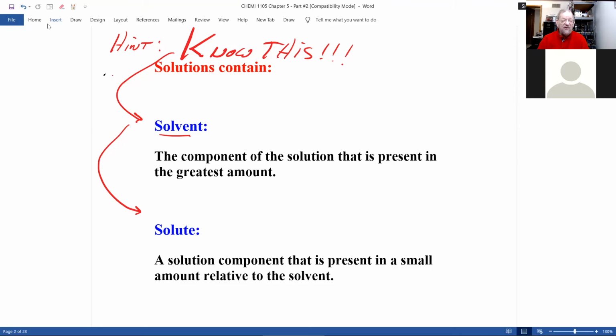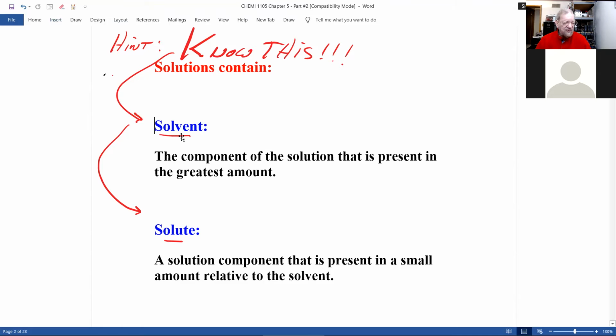Now, all the other components, and it can be more than one, are called the solutes. And the solutes are a solution component that is present in a smaller amount relative to the solvent. So you should know what is a solvent, what is a solute.